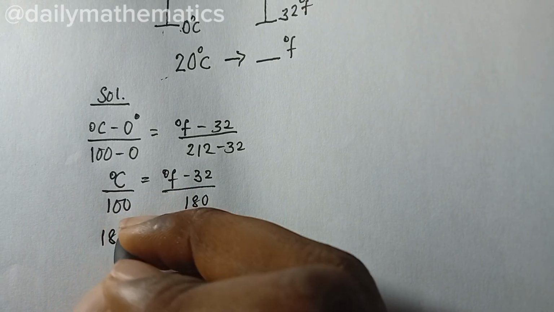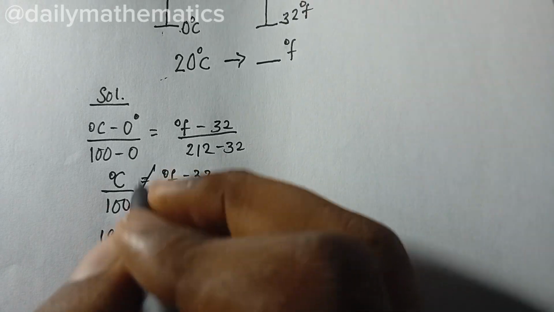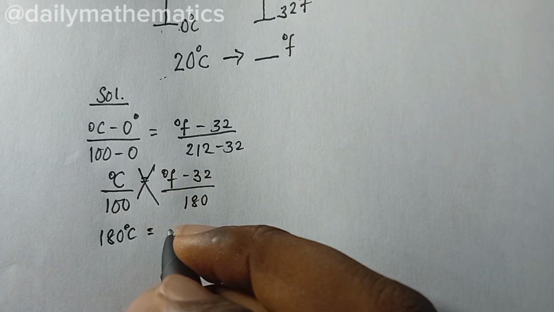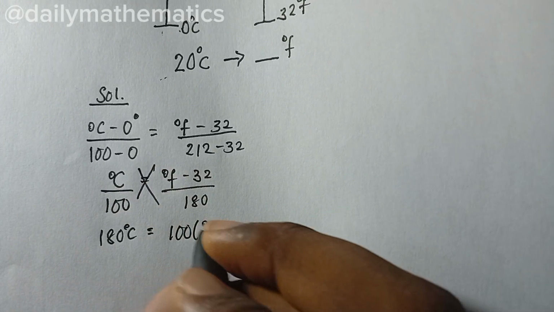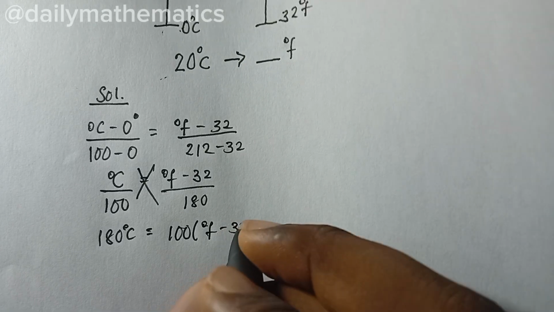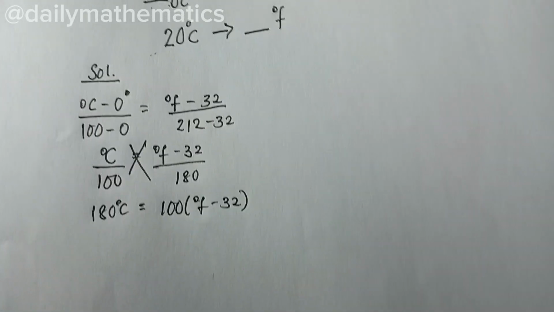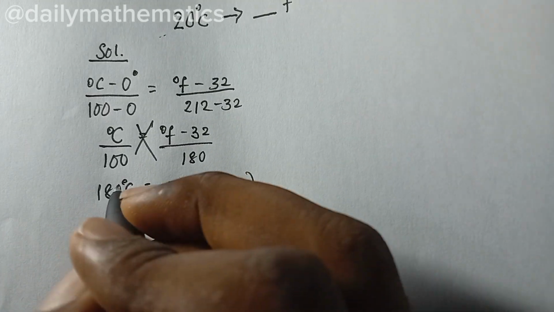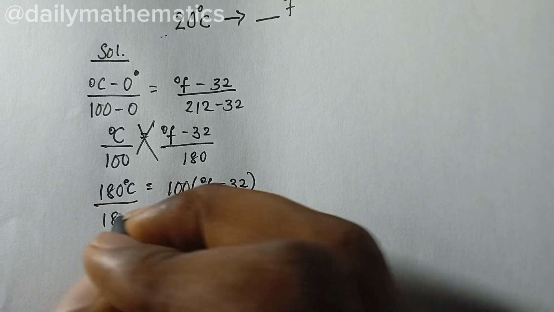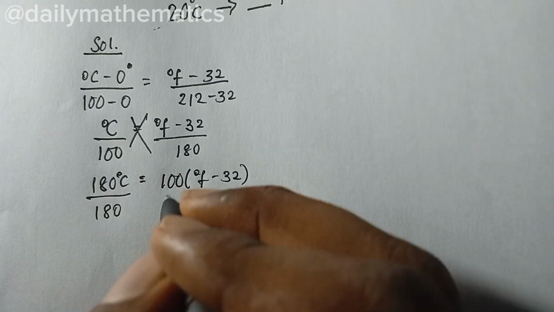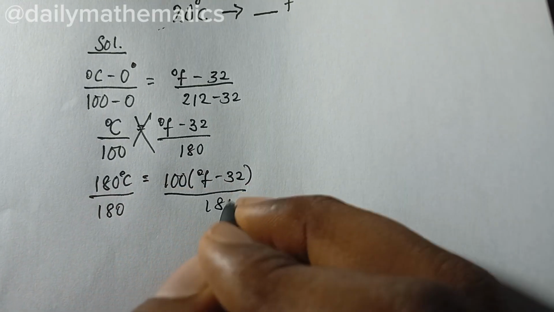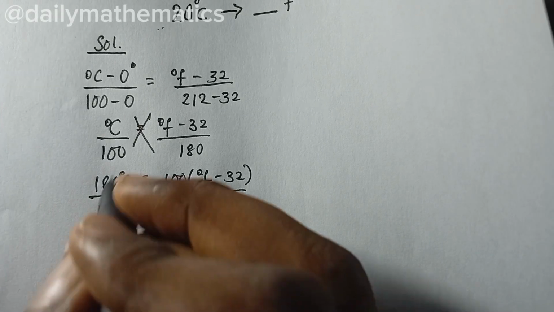So from here we'll cross multiply. 180 degrees Celsius equals 100 multiplied by degree Fahrenheit minus 32. And so from here we can divide both sides by 180. 180 cancels 180.